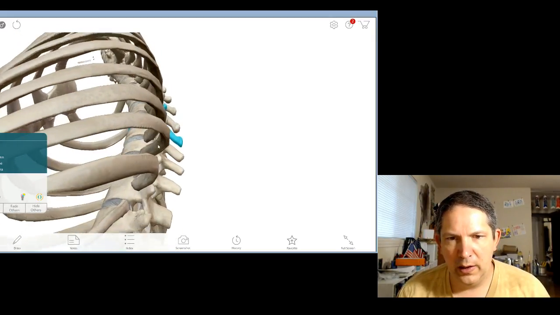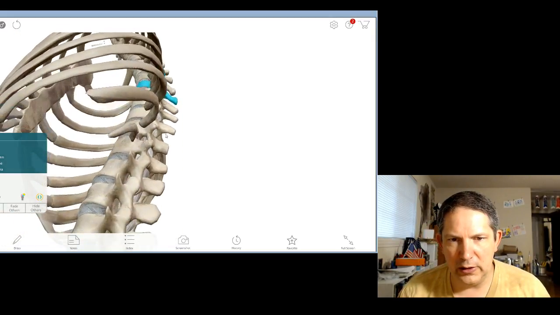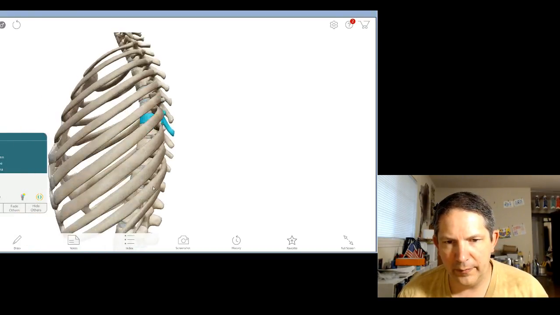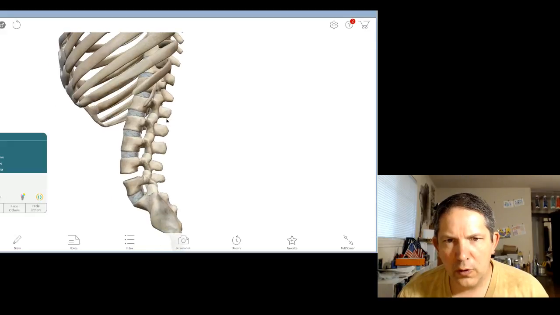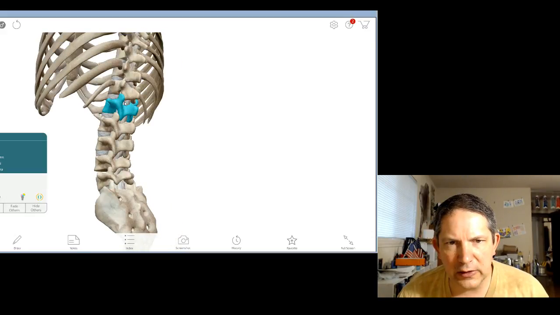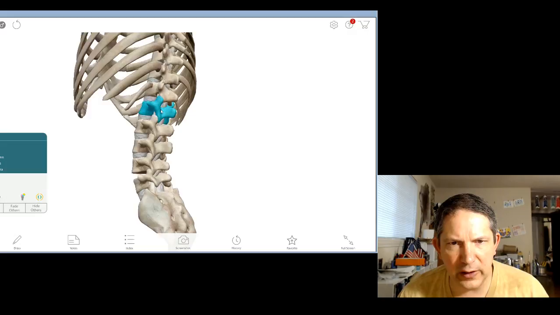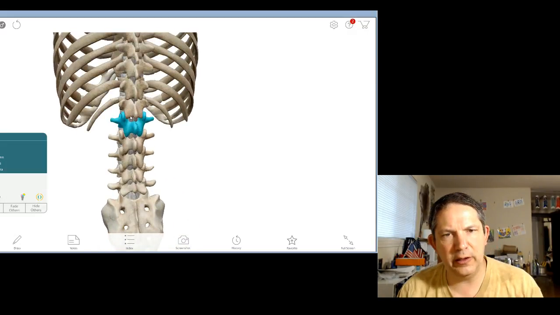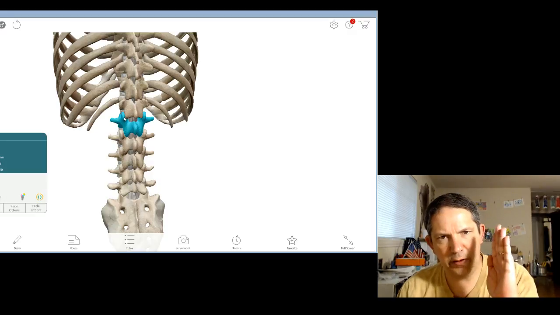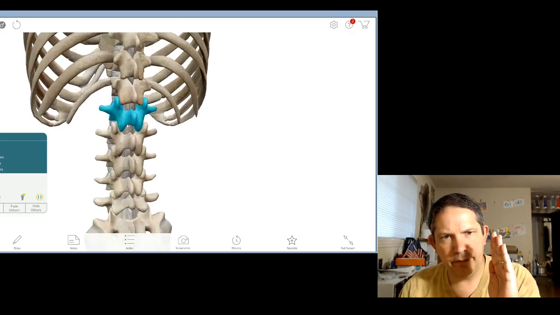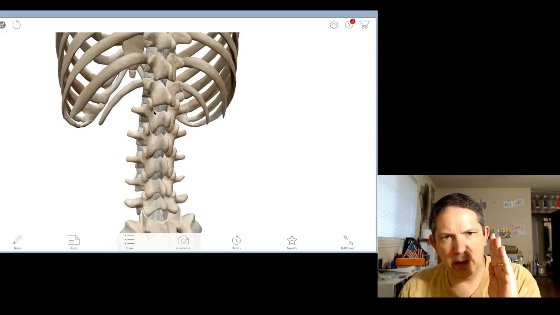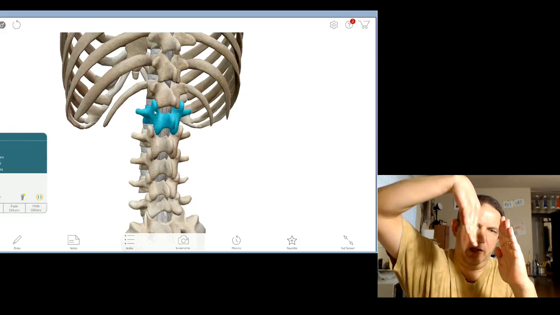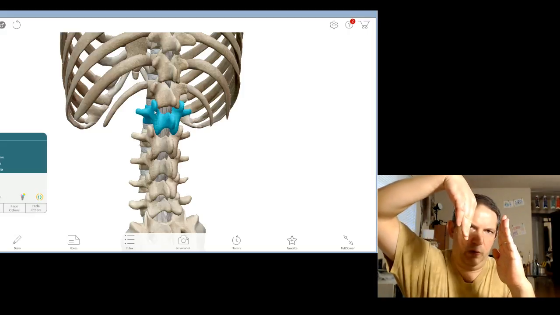So let's go down to the lumbar region again, and the processes just fit together a little differently. See that the facet, the articulating surface of the superior articular process, points more medial, and the facet of the inferior articular process points more lateral.